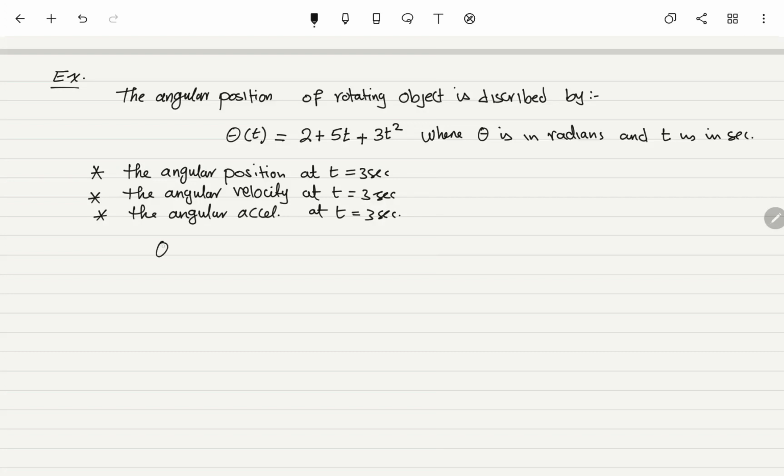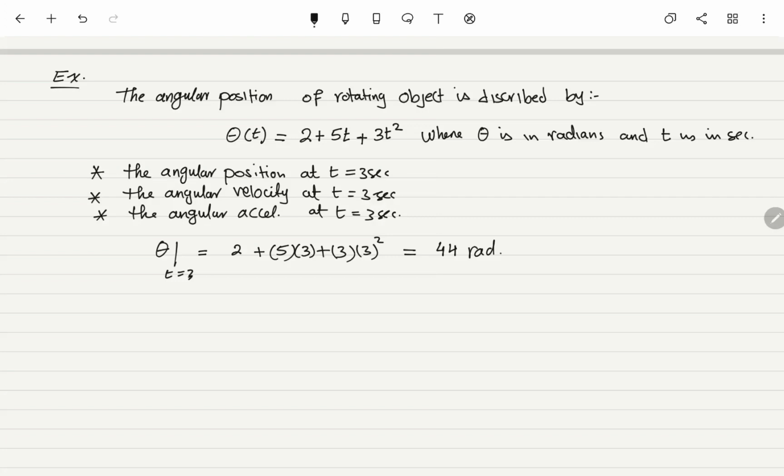Now theta at t equal to 3, in this case, equal to 2 plus 5 times 3 plus 3 times 3 squared, or equal to 44 radians.